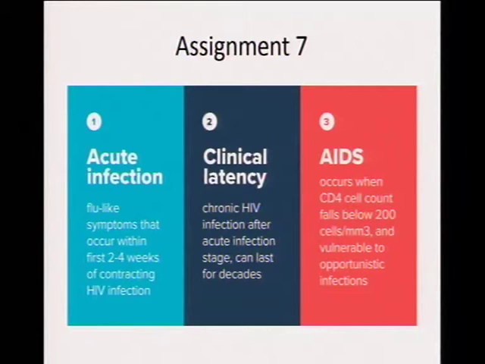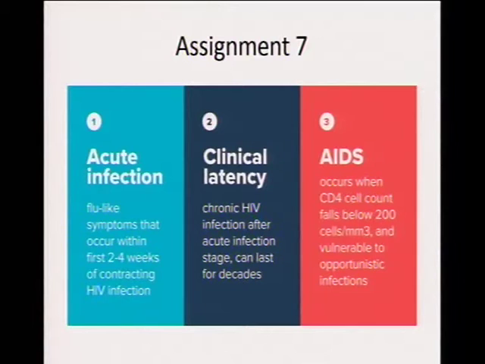mutates within your T cells, and when we say latent, it can stay within your bloodstream for ages, sometimes for 5 to 10 years without you knowing, and only after 10 years, when you go for an HIV test, you can realize that you're HIV positive.